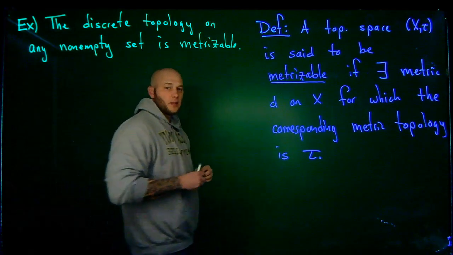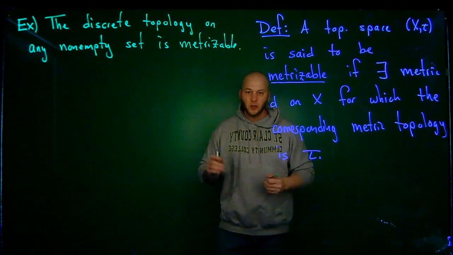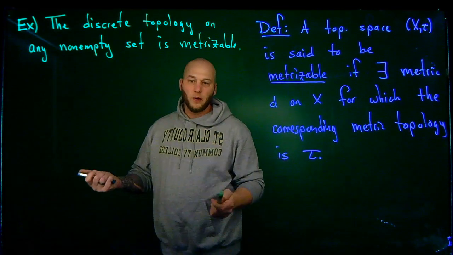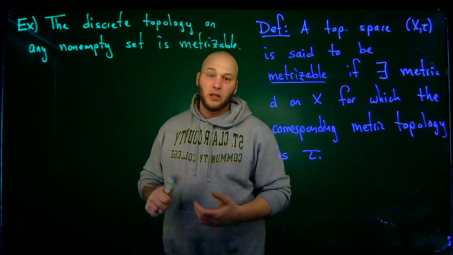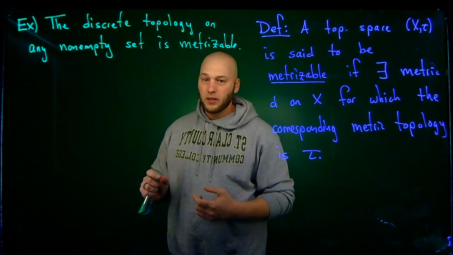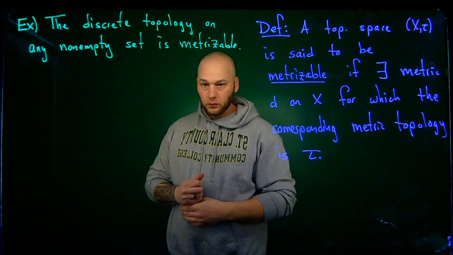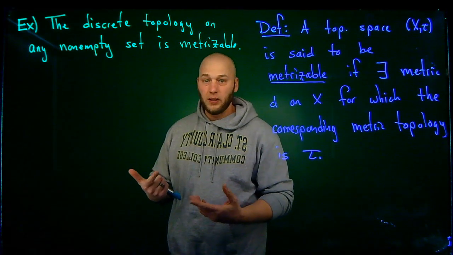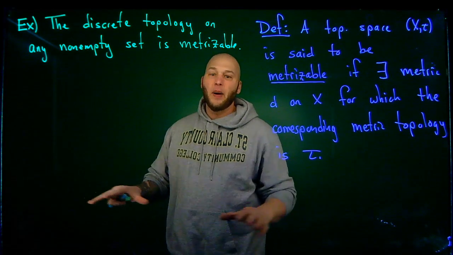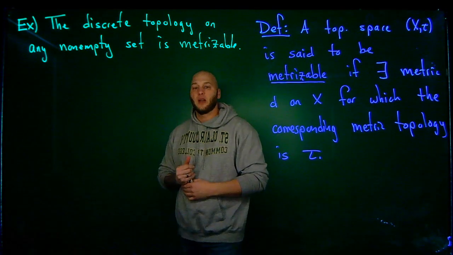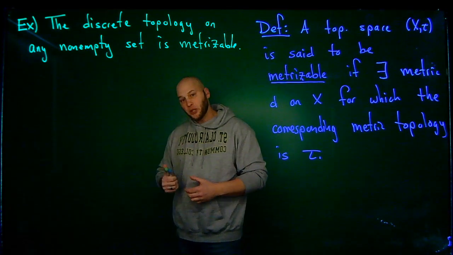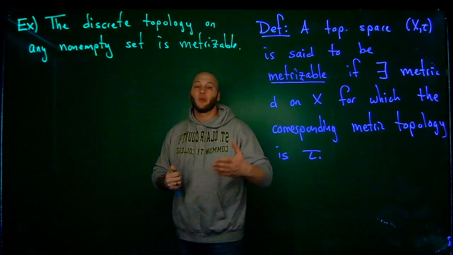So let's go ahead and establish that. Start from the beginning. First and foremost, if you forgot, the discrete topology means that every single subset is open. So the topology is equivalent to the power set, right? Every possible subset of the non-empty set is open. And I want to show that there's actually a metric that's going to generate that.